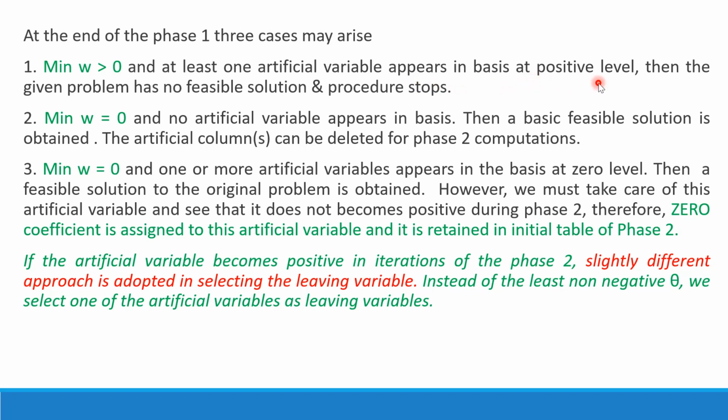The positive level, zero level or negative level of any variable is determined using the B column. If the B column has a positive value, it is a positive level; if it has zero value, it is zero level; and if it has a negative value, it is at negative level.